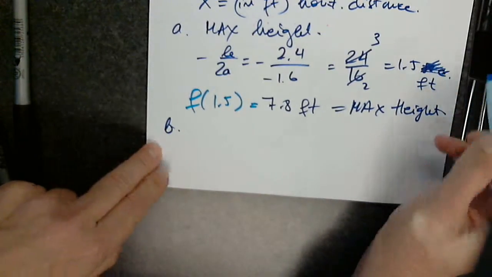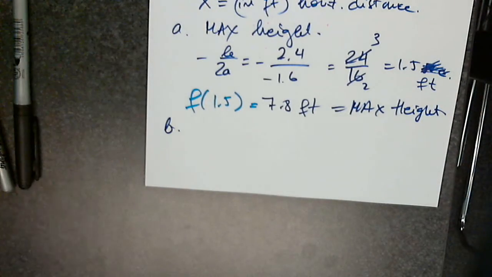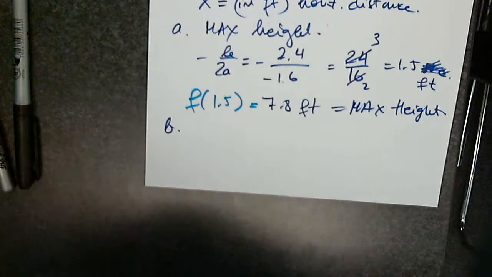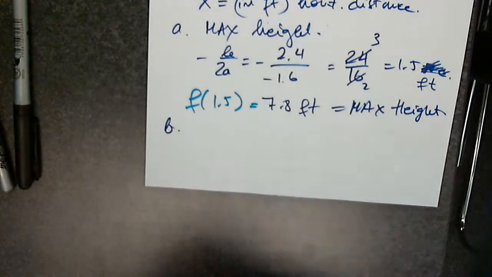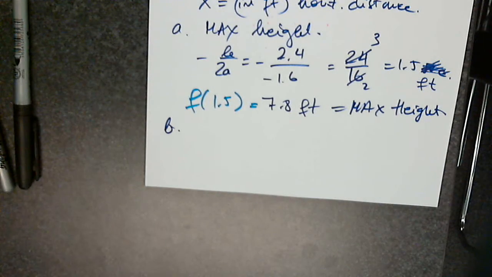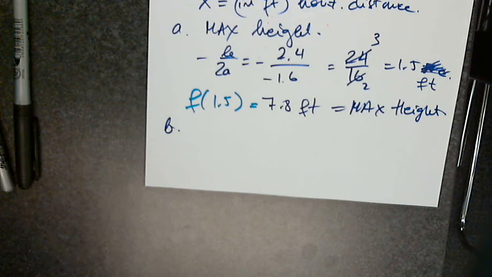So we're asked how far does the ball travel horizontally before hitting the ground? Imagine that I throw a ball, it goes up to a maximum, and at some point in time it hits the ground. So here's my function. What am I asked to determine over there?